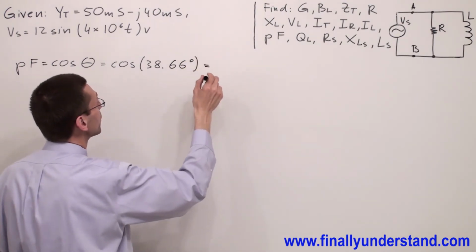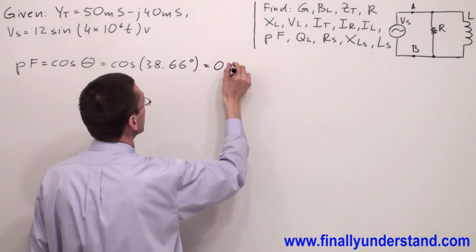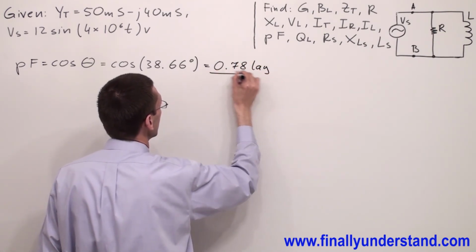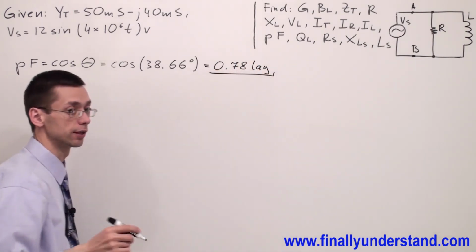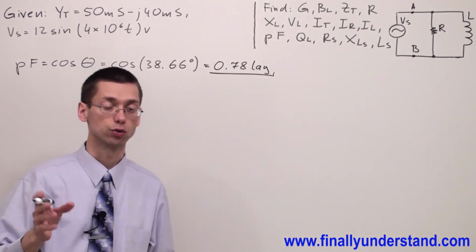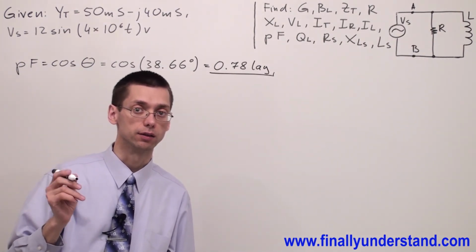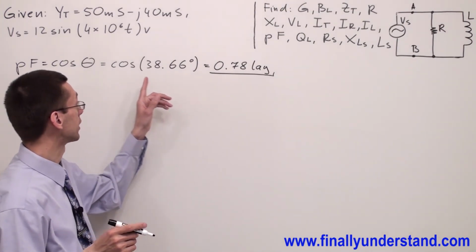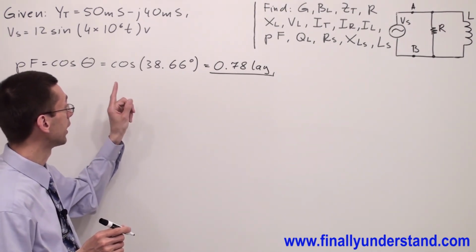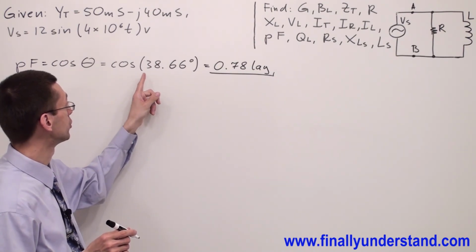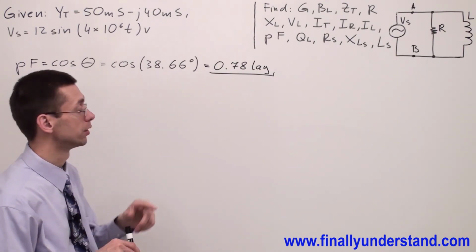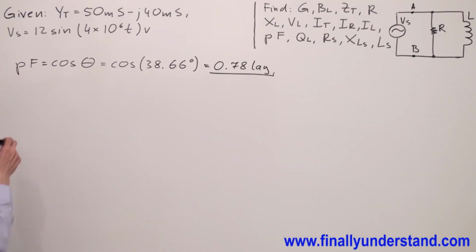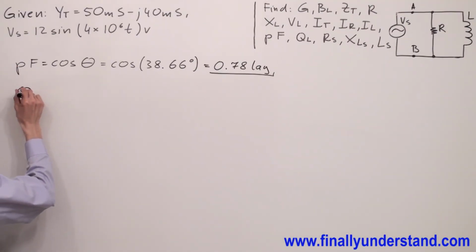This is equal to 0.78 lag. Why lag? Because the current in an RL circuit always lags the voltage source, okay? And in this case, the current is going to lag the voltage by 38.66 degrees.